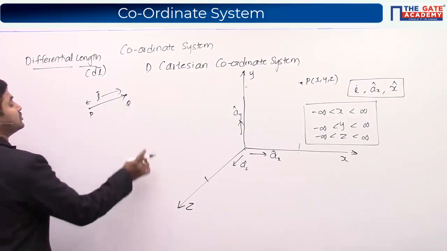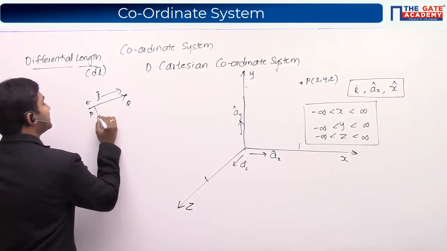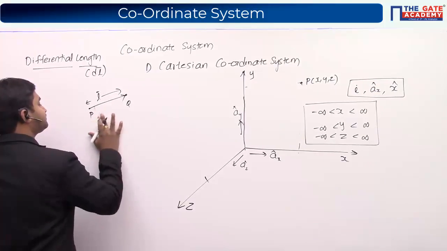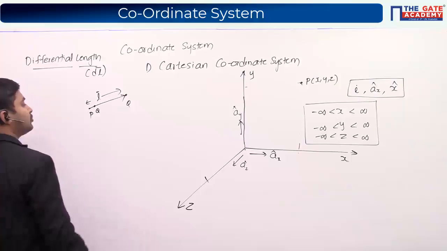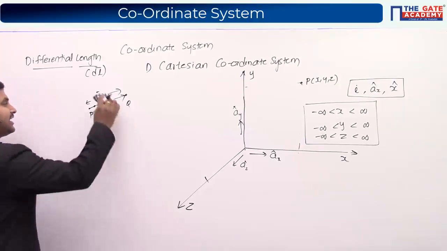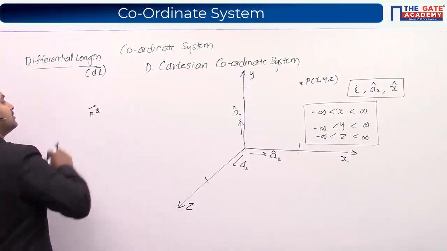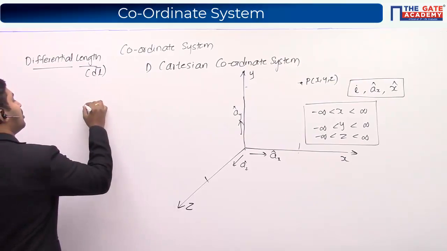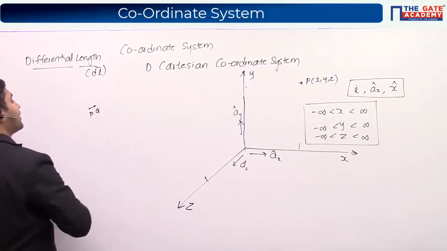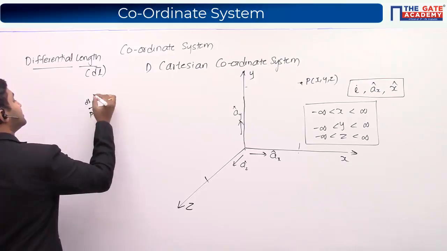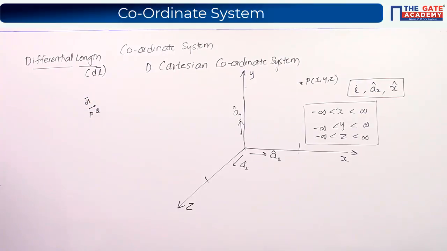But if the distance between these 2 points is very, very small, okay, so let me draw this particular vector here, Q here, then in that case, the length will be really small, the length will be very small, which I am going to call the differential length, dL bar.